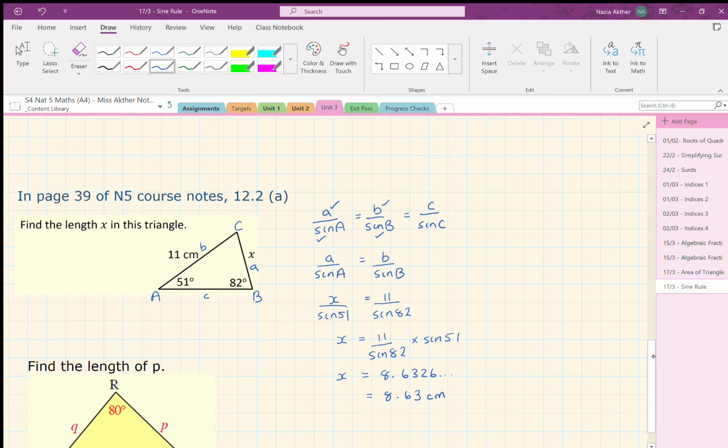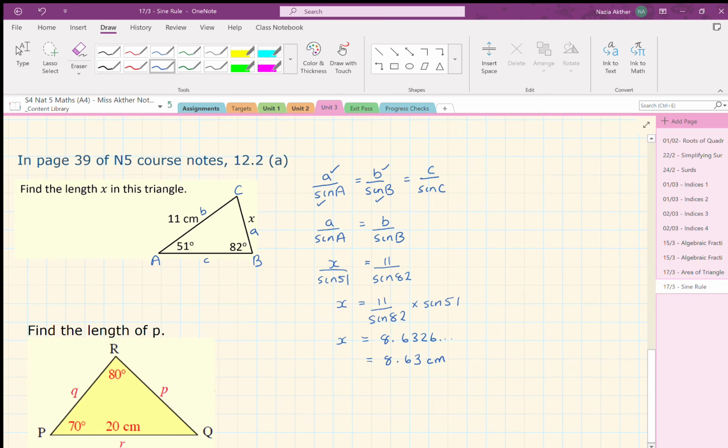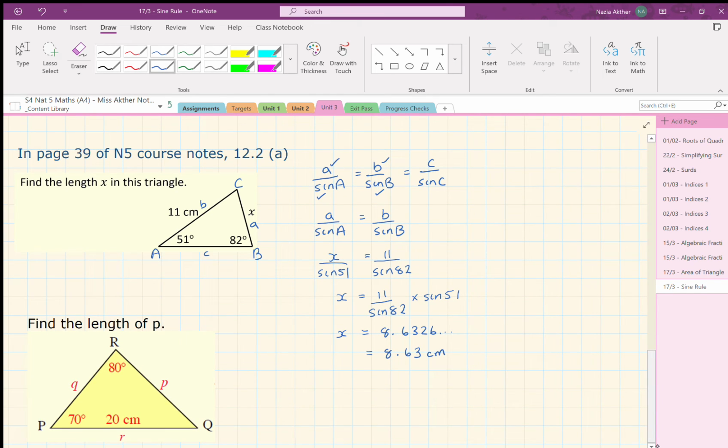Okay, so now we're going to look at another example. This example is not in your course notes, but you can add this in at the back of page 39.